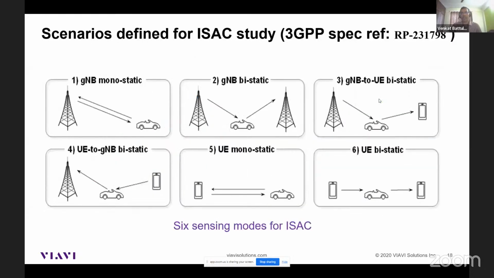And 3GPP outlined all these use cases for sensing. You can see monostatic and bistatic scenarios, where the base station sends the signals and the UE detects them, or vice versa.